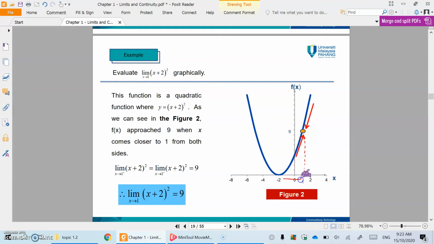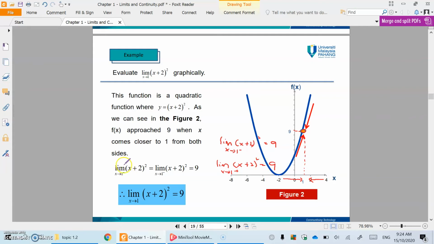Approaching 1 from the left hand side, we can see that the curve approaches 9. So the limit of (x + 2) squared from the left hand side is approaching 9. From the right hand side, it is also approaching 9.